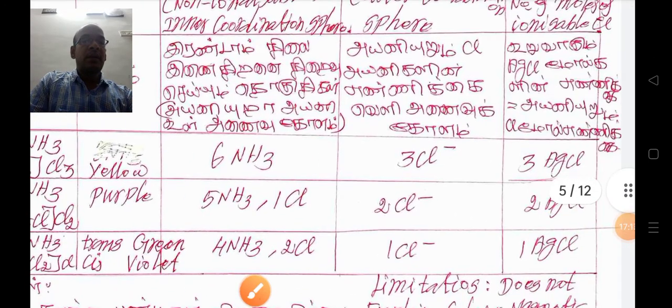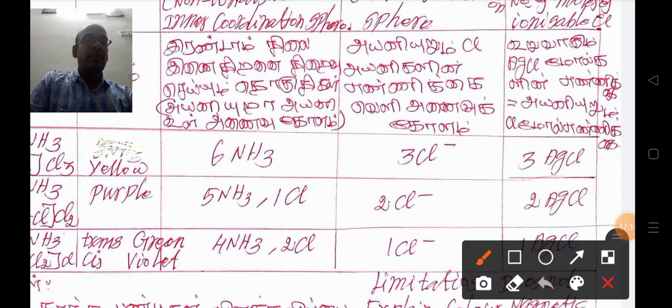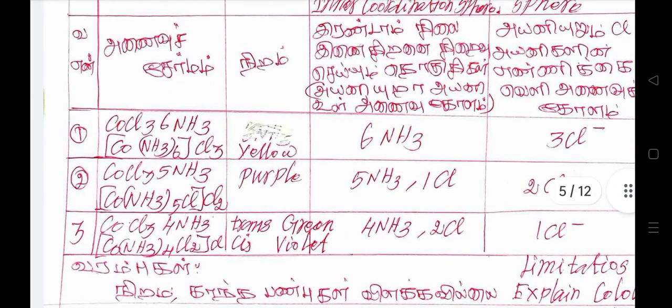Likewise, 2 Cl's in the outside sphere. Based on that we can write down the coordination complex.